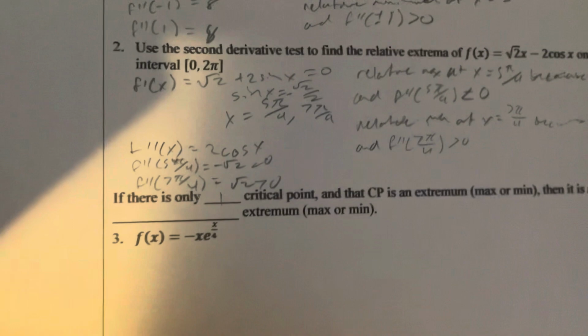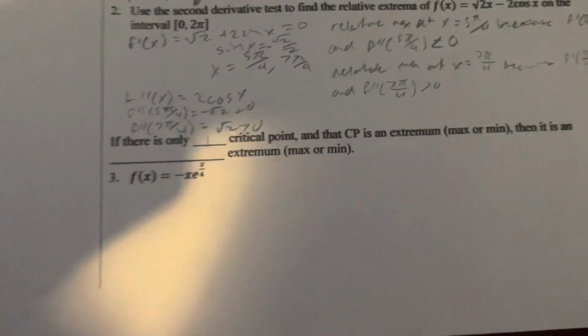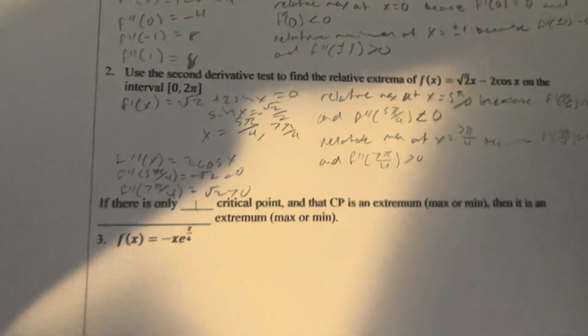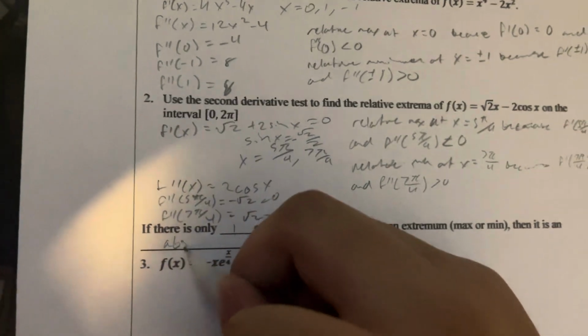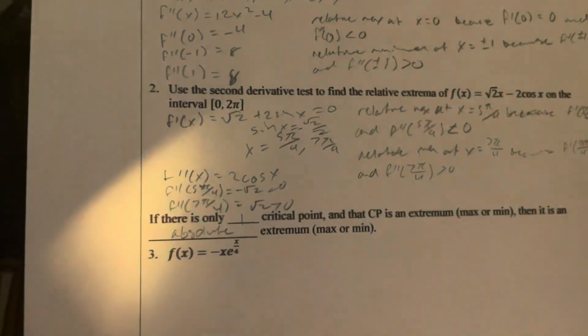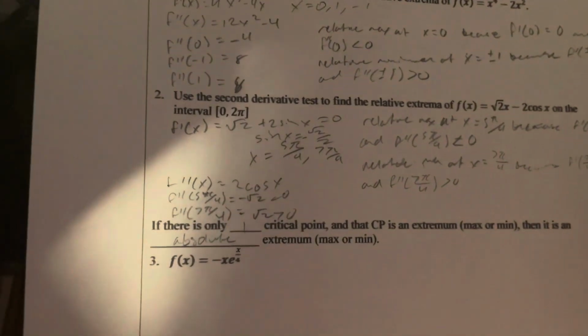If there's only one critical point, and that critical point is an extremum, max or min, then it is an absolute extremum, or absolute max or min. So f of x equals negative x times e to the power of x over 4. First, we have to find our first derivative.